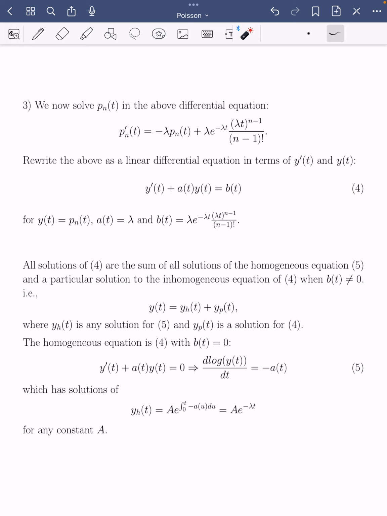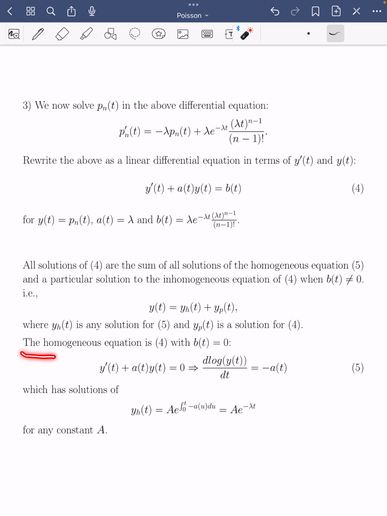So any solution of number 4 can be decomposed as the sum of these two functions. This y_h(t) is the solution of the homogeneous equation, and this y_p(t) is a particular solution to the inhomogeneous equation number 4. So let's talk about these two cases one by one.